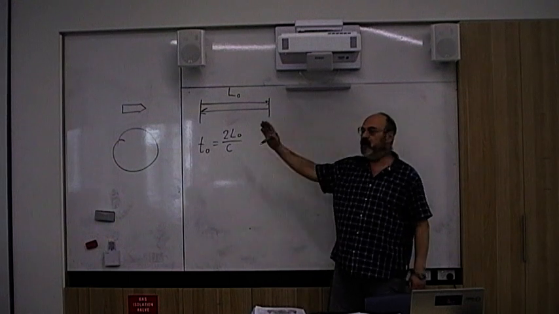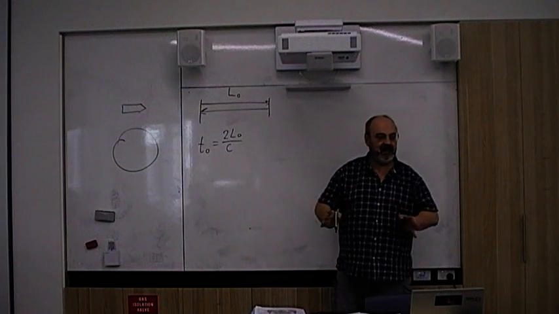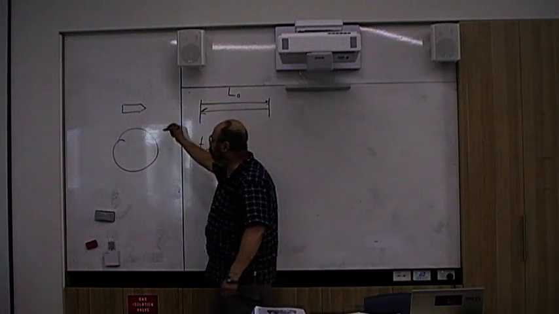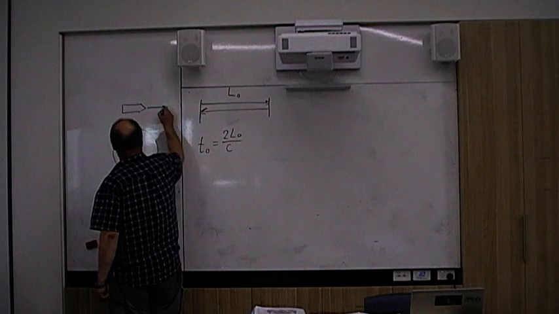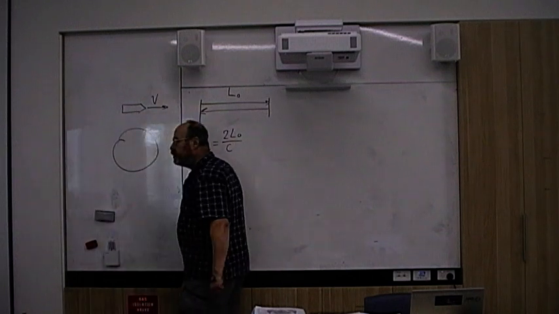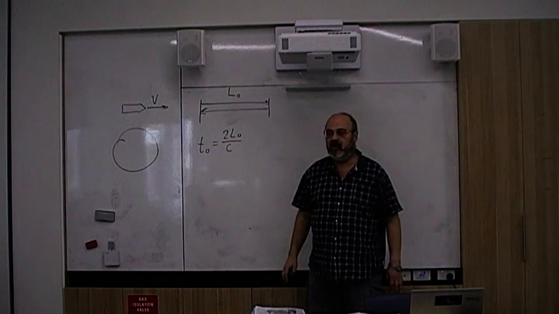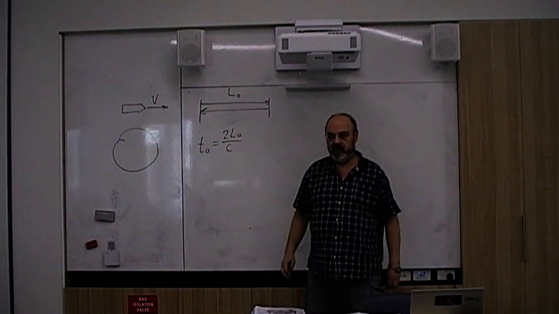Now, on the spaceship again we have an absolutely identical clock. But now the spaceship is moving in this direction with the speed v. And now the person from the Earth looks at the clock on that spaceship.